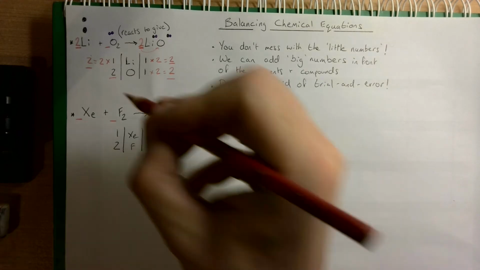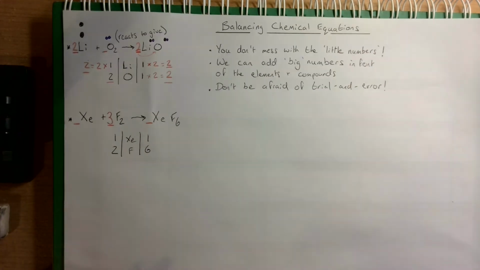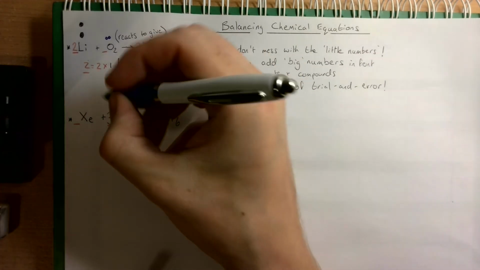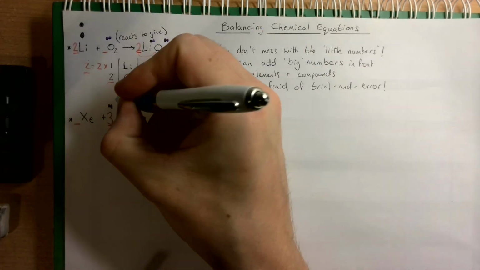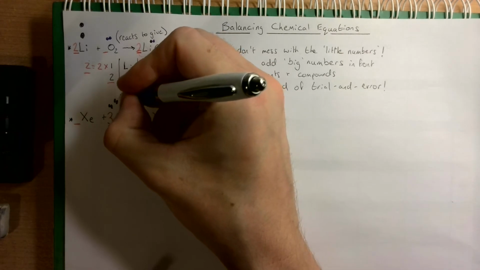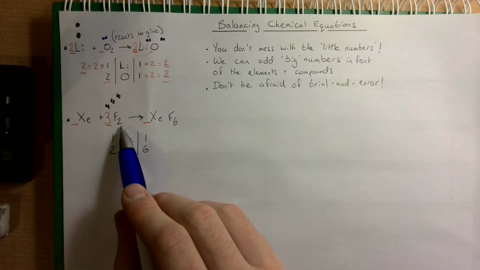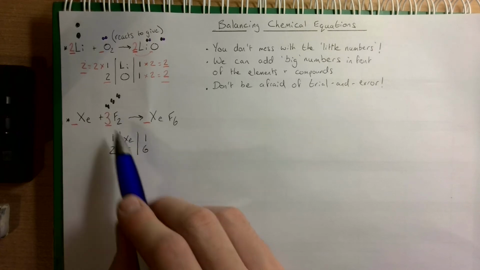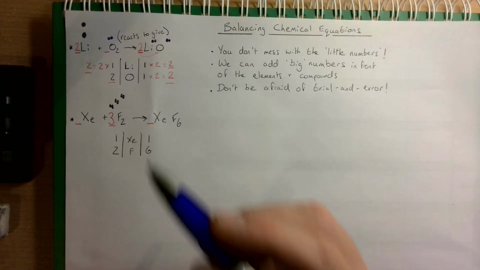We've got our big number 3 in there, so that now I've got 3 groups of this element. Now I've got 1 molecule of fluorine, 2 molecules of fluorine, and 3 molecules of fluorine. Remember that the lower number means how many atoms are in a molecule, and the big number tells me how many molecules there are. Okay?